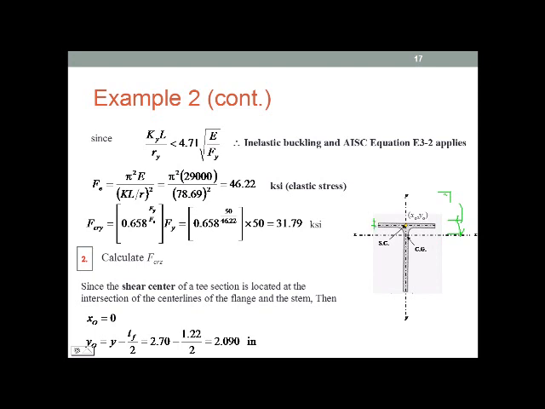Now if you substitute for the unknowns, you'll get y0 equal to 2.09 inches, where x0 and y0 are the coordinates of the shear center.